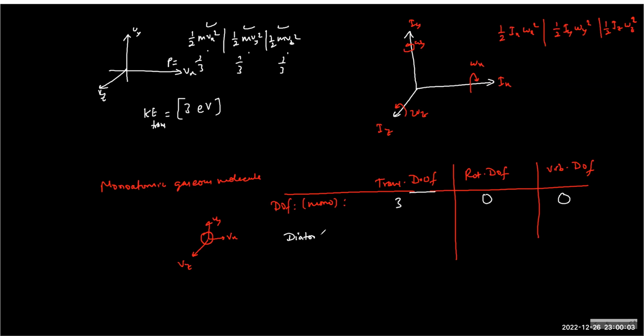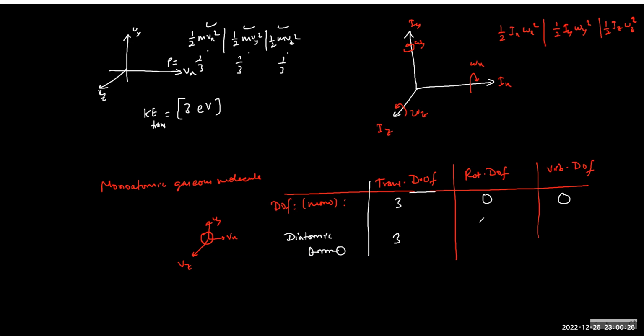But if it is diatomic, you can think of it as a 2-block system. Now the center of mass can move freely in any direction. So how many translational will it have? 3. Now, what about rotation?